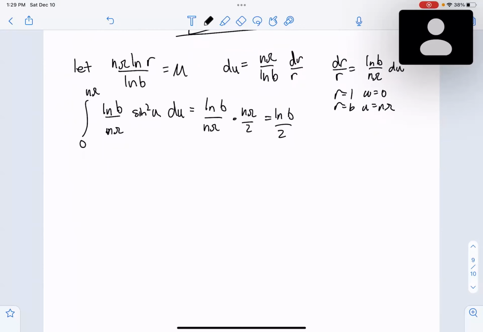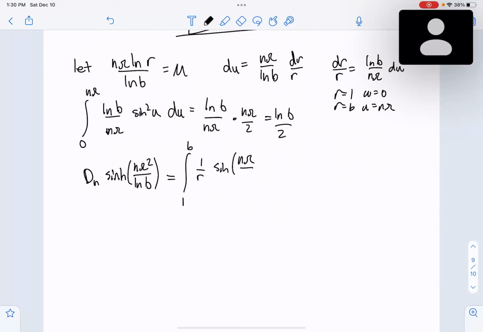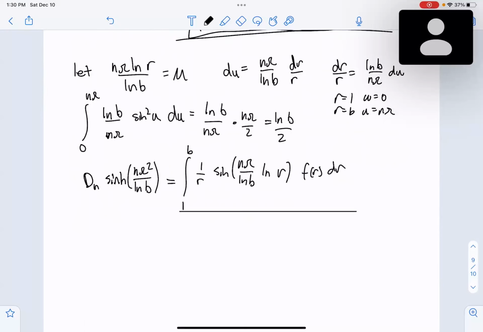So yeah, once we've solved that integral, we're able to conclude that dn sinh of n pi squared over ln b is equal to the integral from 1 to b of 1 over r times sine of n pi over ln b ln r times f of r dr, divided by this right here, ln b over 2.